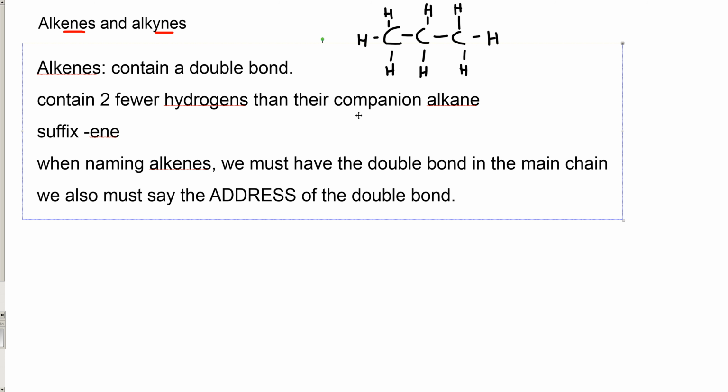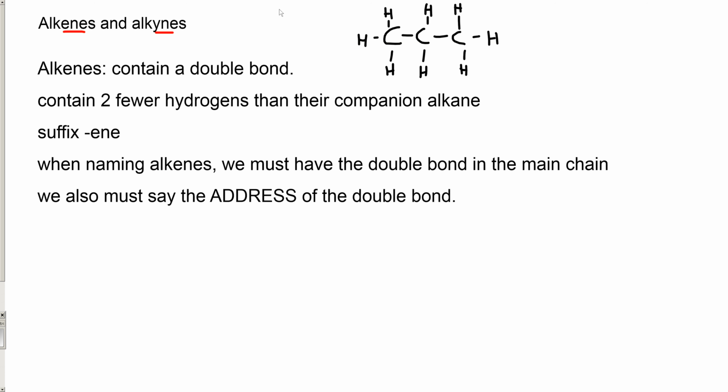We also have to include the address of the double bond. Remember how we used numbers to say the address of branches on alkanes that have branches? Same deal here, only in this case, we also need to explain where the double bond lives.